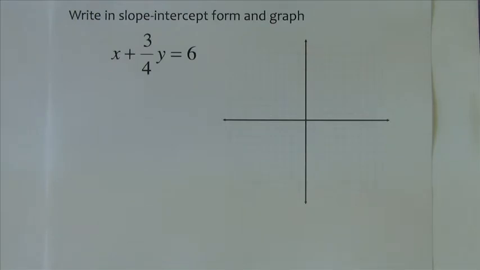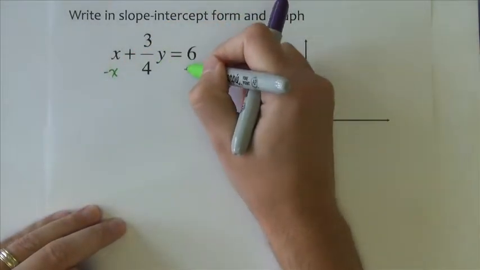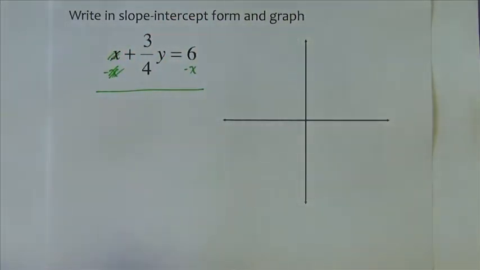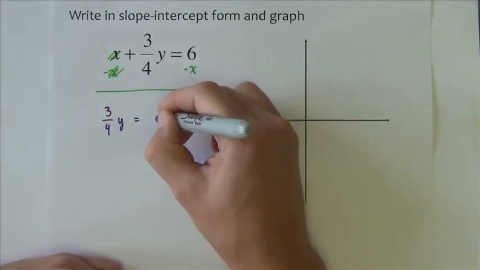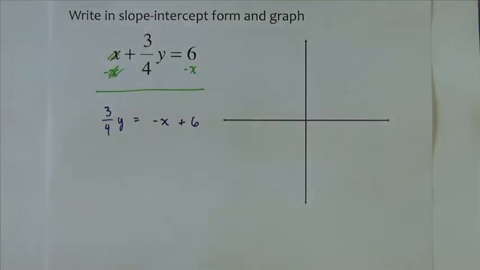Okay, one more example like this. Again, we need to do the hard part of solving this for y. I would begin though by subtracting x from both sides. So we get 3/4 y equals negative x plus 6.